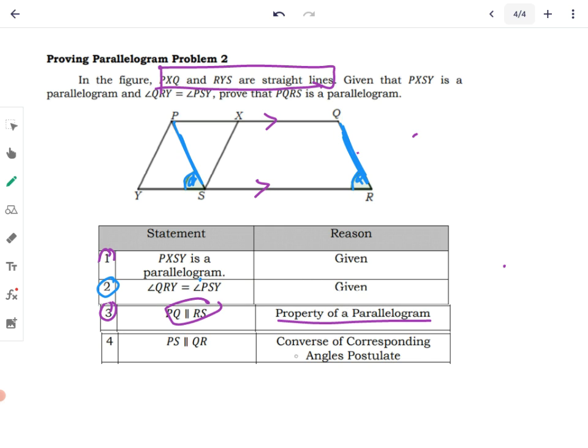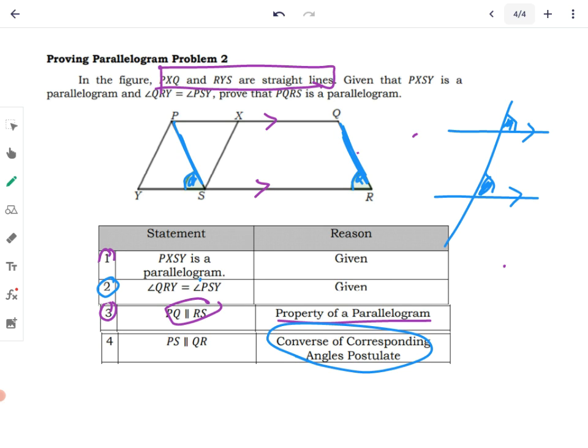Why is that? That's the converse of the corresponding angles postulate. Remember that in your previous math lessons, if these two angles are equal, therefore these two lines are also parallel. So that's what we call the converse of the corresponding angles postulate.